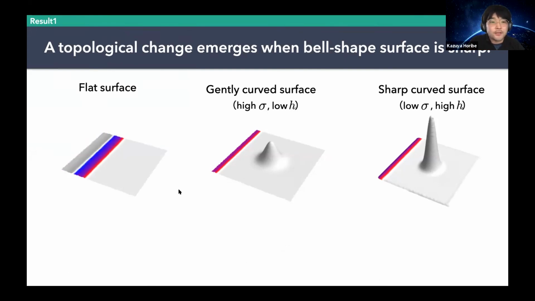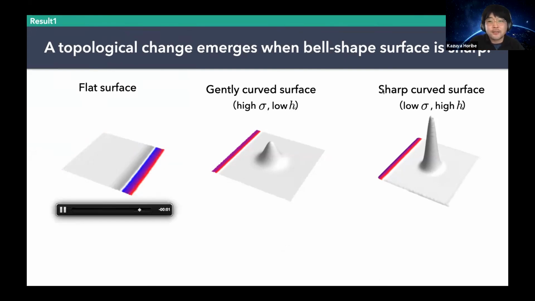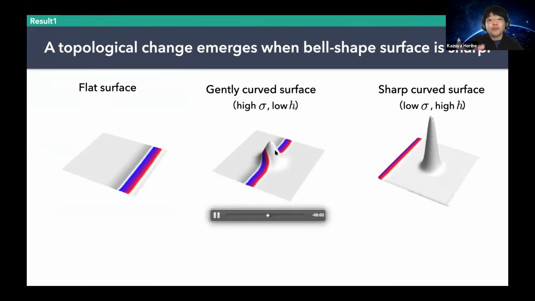We set up three conditions of the surface. The first is a flat surface, where the traveling wave just propagates. The gently curved surface transiently bends the traveling wave, but it returns to the original shape.